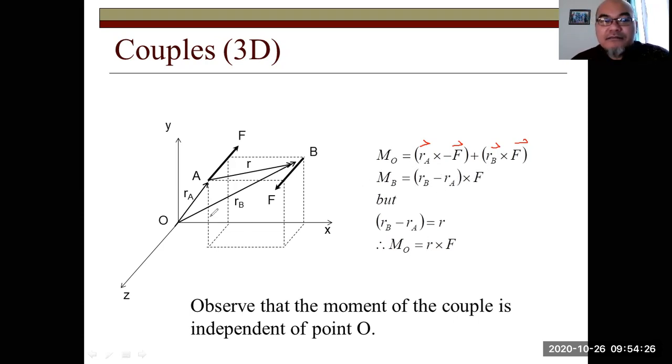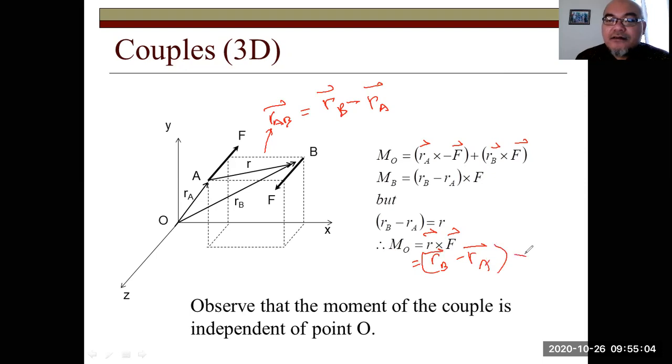But RB minus RA equals this R, RAB, the vector pointing from the beginning point of A to the beginning point of B, equal to RB minus RA. So the moment about point O equals RB minus RA cross F.